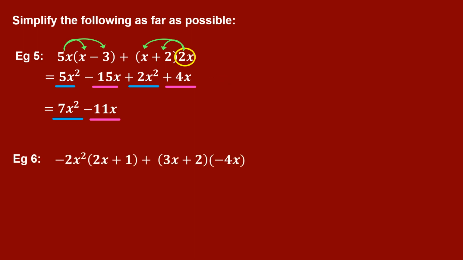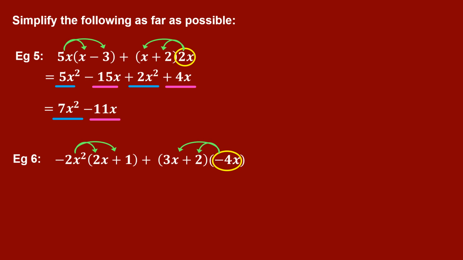Let's look at example 6. In this example, I've just started with a minus 2x squared, so we can see how to deal with exponents a little bit. So we're going to take minus 2x squared and multiply it into the bracket. And then we've got minus 4x at the back. It's in a bracket, so all we're going to do is multiply it in.